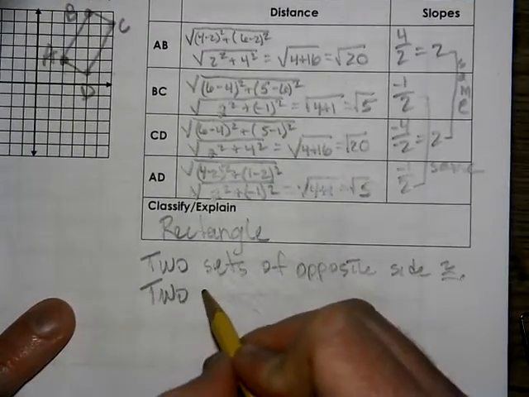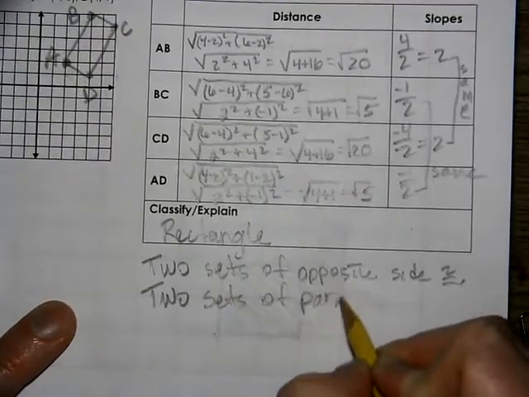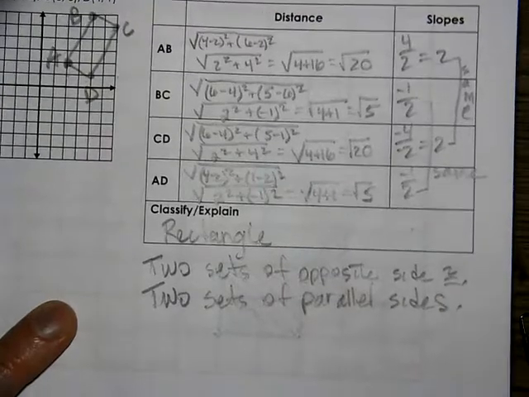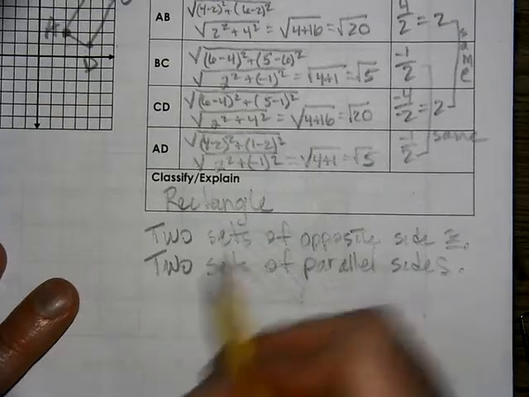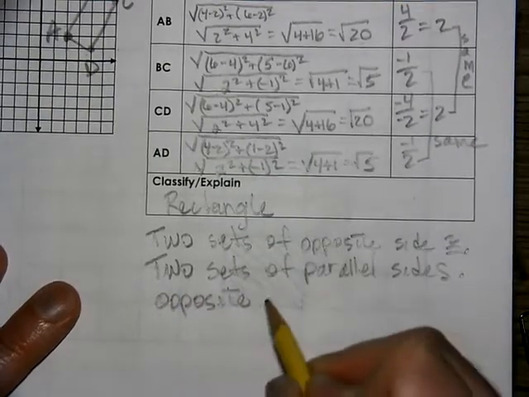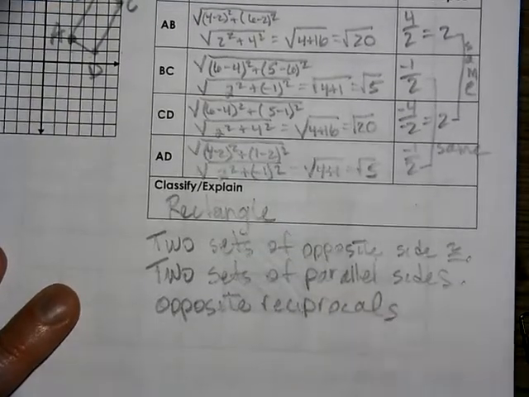It has two sets of parallel sides, and it has opposite reciprocals.